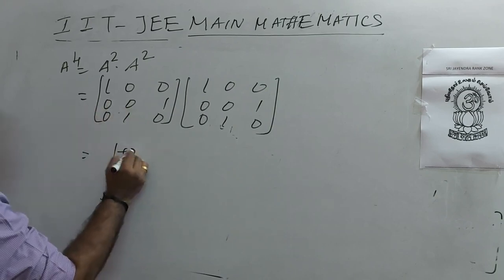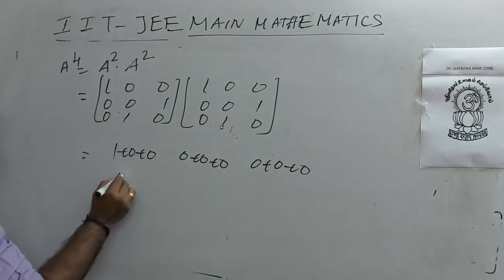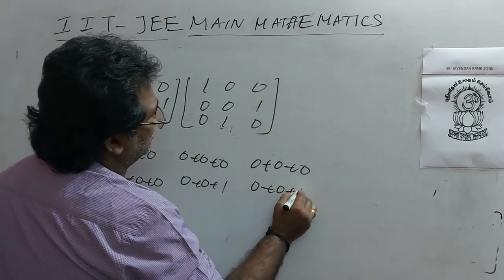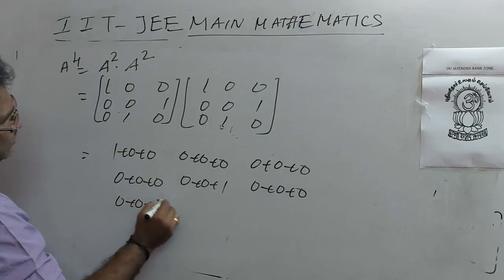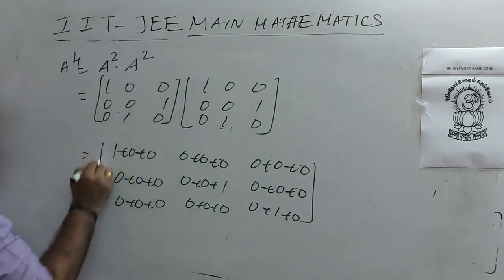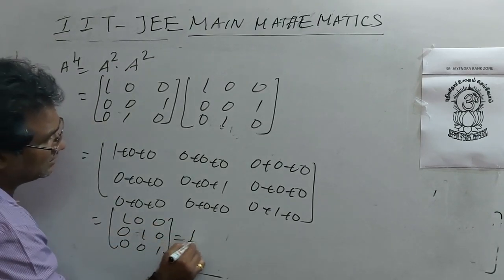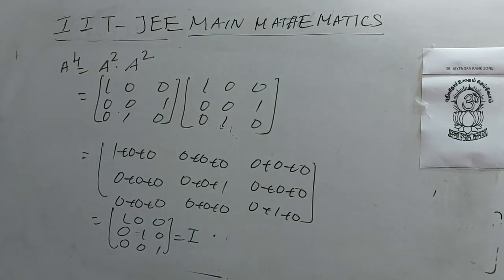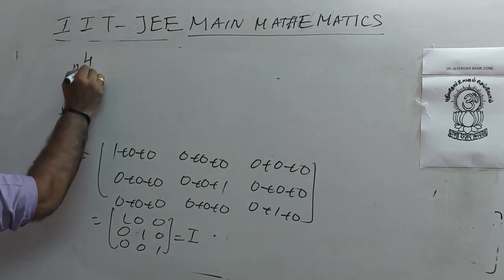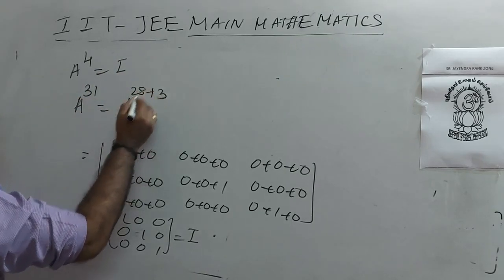If you multiply, 1 plus 0 plus 0, then 0 plus 0 plus 0, 0 plus 0 plus 0, 0 plus 0 plus 0, 0 plus 0 plus 1, 0 plus 0 plus 0, 0 plus 0 plus 0, 0 plus 0 plus 0, 0 plus 1 plus 0, that is [1 0 0], [0 1 0], [0 0 1], that is I. So A power 4 equal to I. We need A power 31, A power 28 plus 3.